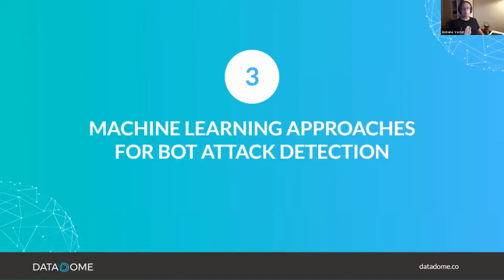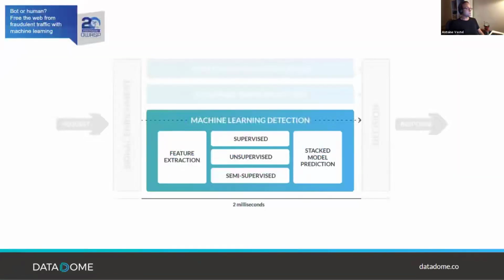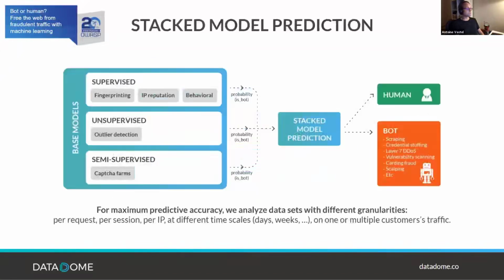And now I'm going to explain how we use machine learning approaches for bot detection. So DataDome's detection engine leverages a wide range of machine learning approaches to detect malicious traffic. The philosophy of machine learning at DataDome is to use a wide range of machine learning models, each one responsible for a particular task.